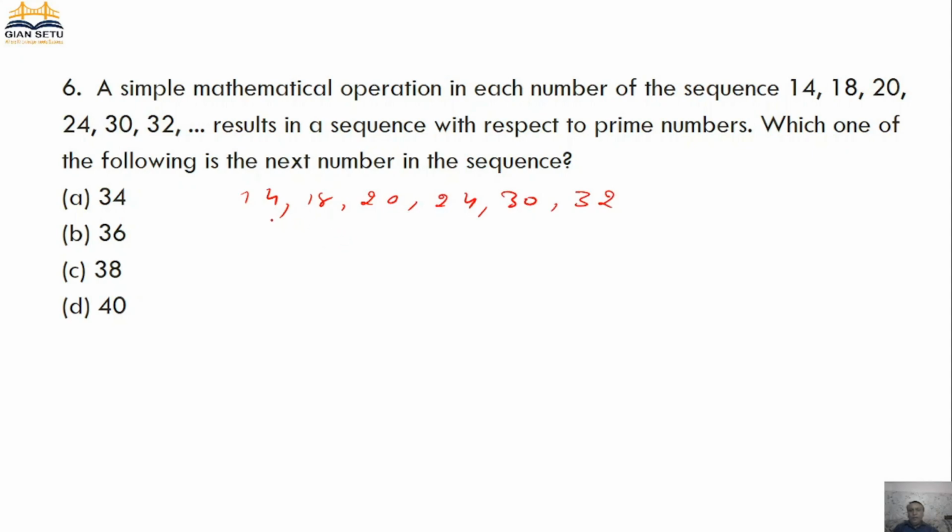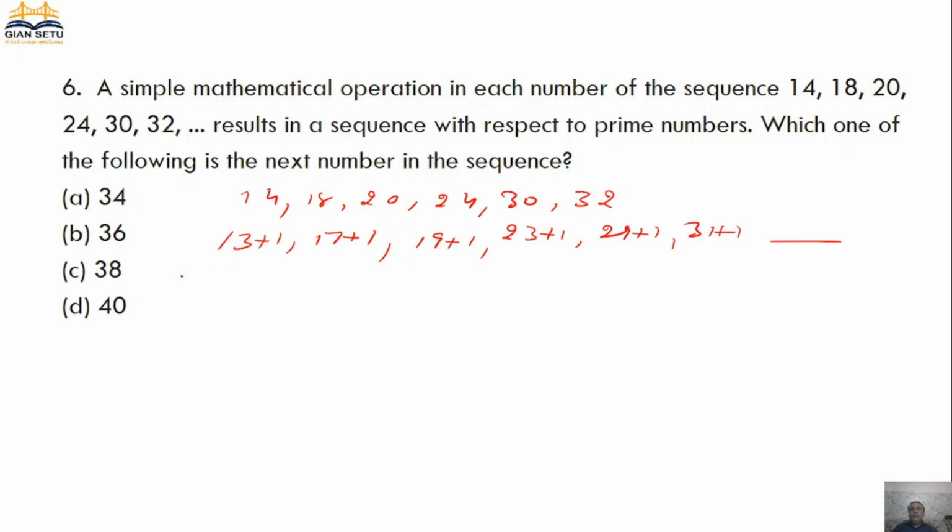Okay, now if we closely analyze these numbers, then we can say it is 13 plus 1, it is 17 plus 1, it is 19 plus 1, and this is 23 plus 1, again this is 29 plus 1, and this is 31 plus 1.